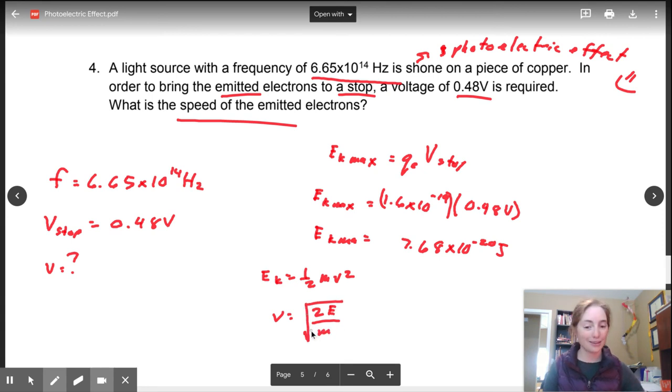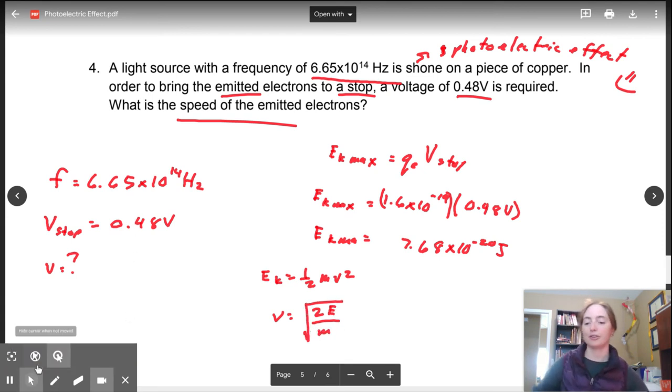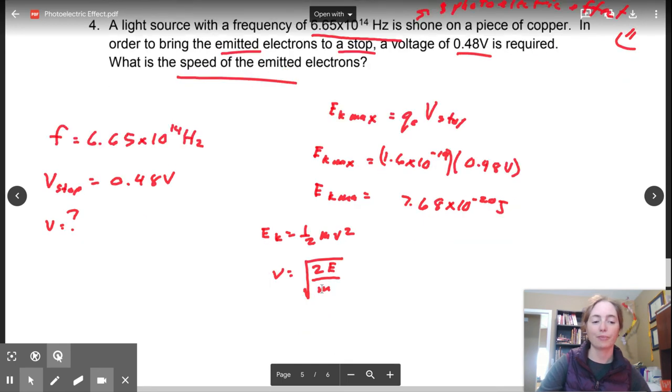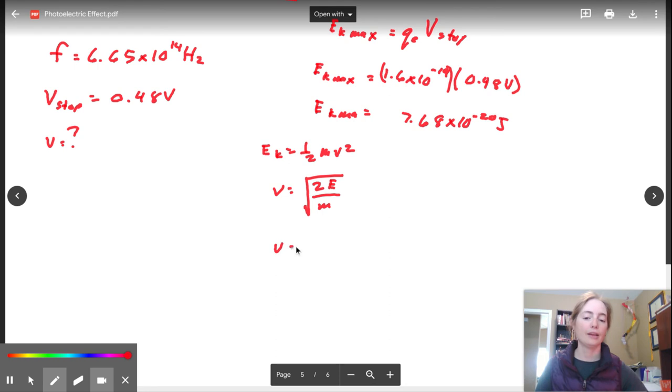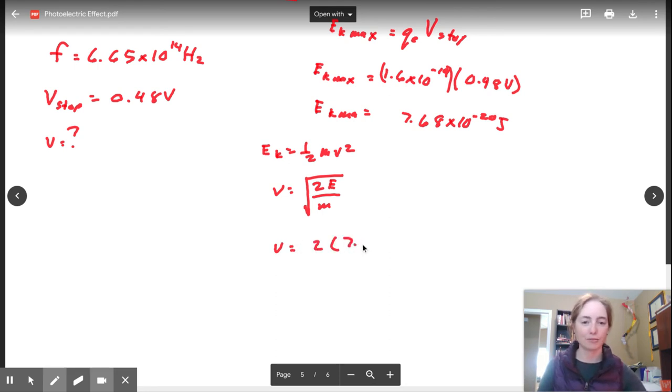Once again, I hope you can manage rearranging that equation by this point. And then V equals the square root of 2 times our answer, 7.68 times 10 to the negative 20 joules, divided by the mass of, once again, the electron constant from the back of your data sheet, 9.11 times 10 to the negative 31 kilograms.